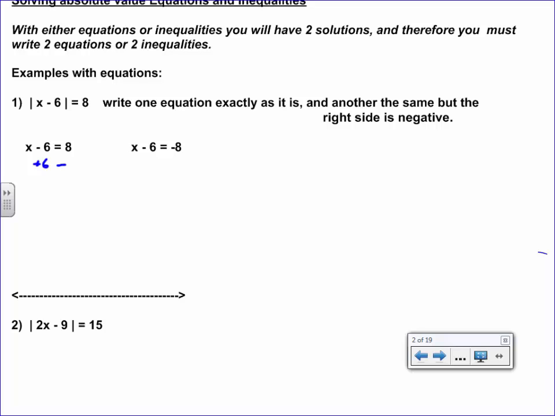Add 6, add 6. X equals 14. Add 6, add 6. X equals negative 2. So you would have two solutions to this.